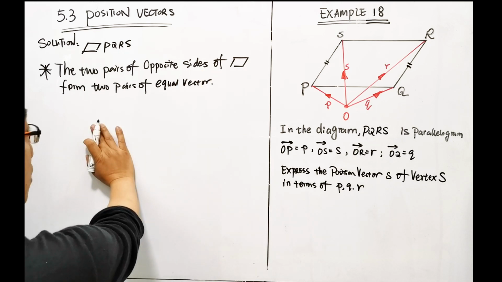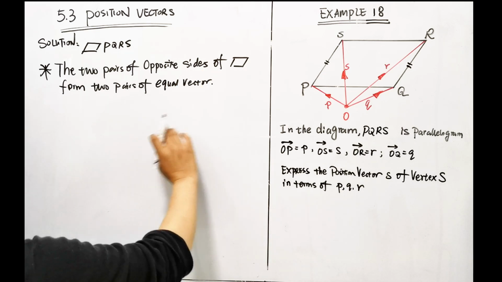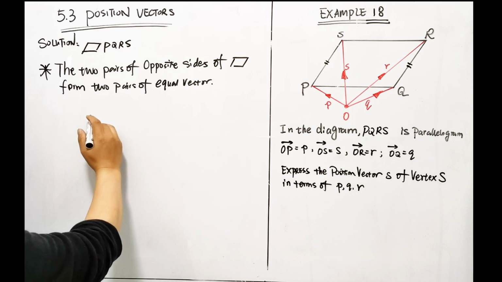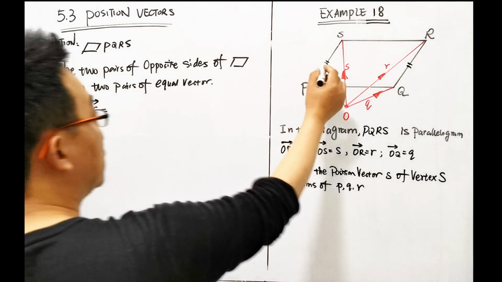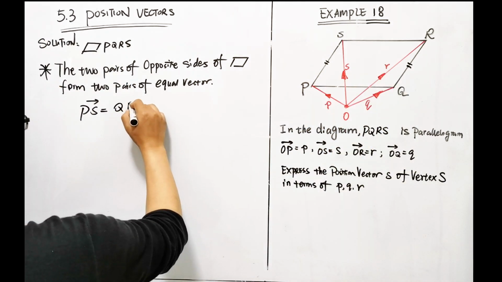So in this case, which one is the equal vector? Which one is the opposite side? The opposite sides are PS and QR, right?